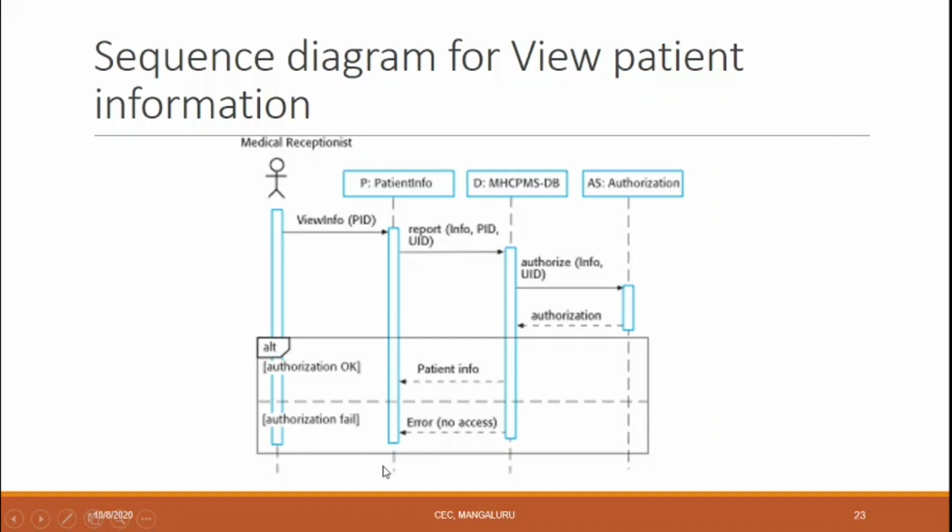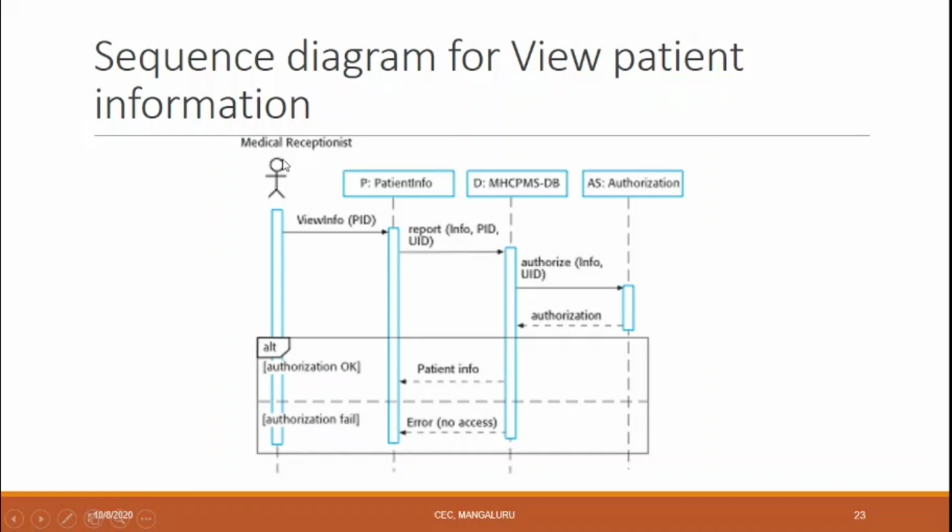There are arrows indicated. We see a box named alt, which is used with the condition indicated in square brackets. So authorization is okay, as well as authorization fail.